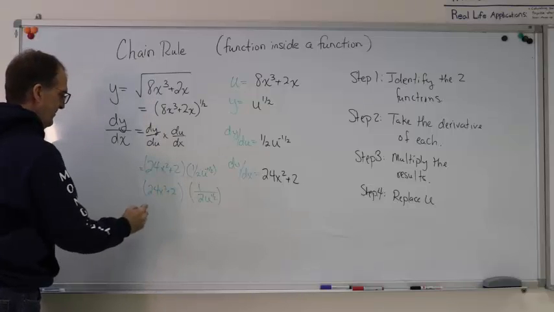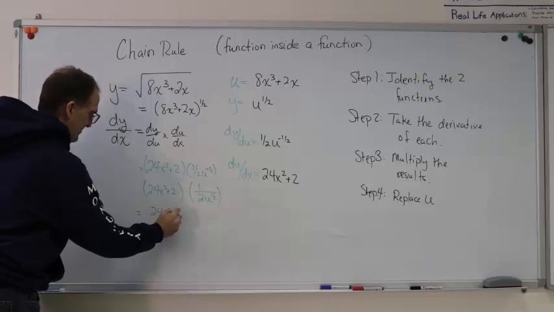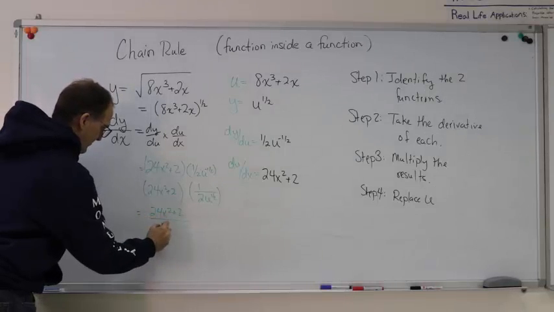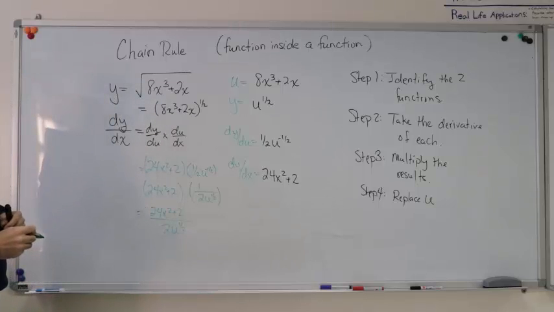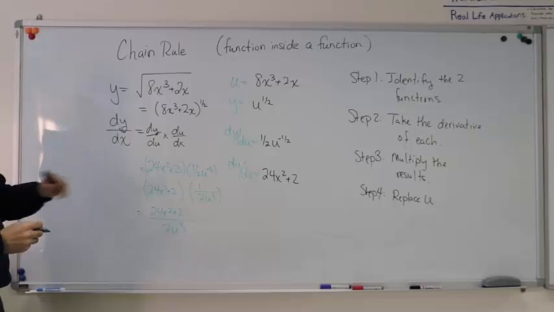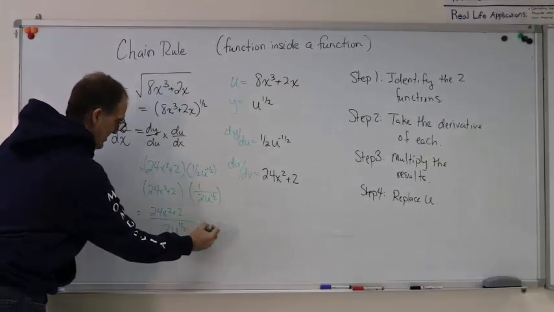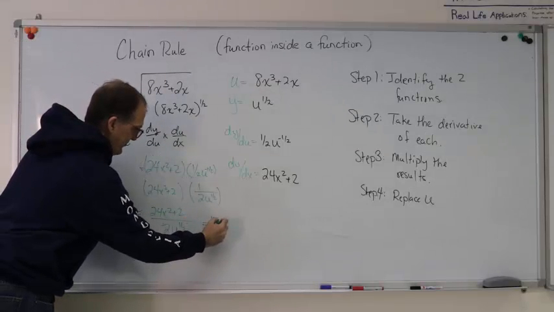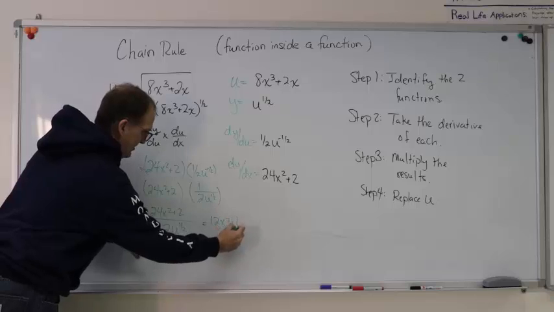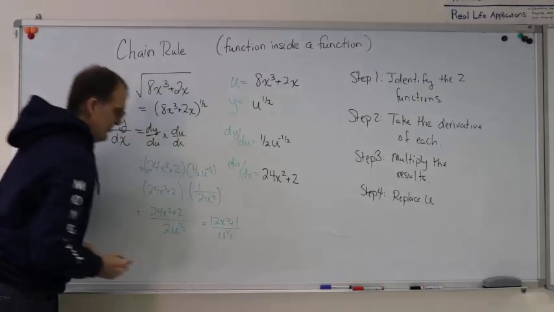Yes, sir. All right. So now we have, because it's 1 on top, x squared plus 2 over 2, u to the half. Yes, we can simplify that even further. Running out of board space, dividing both by 2: 1/2 x squared plus 1 over u to the half.